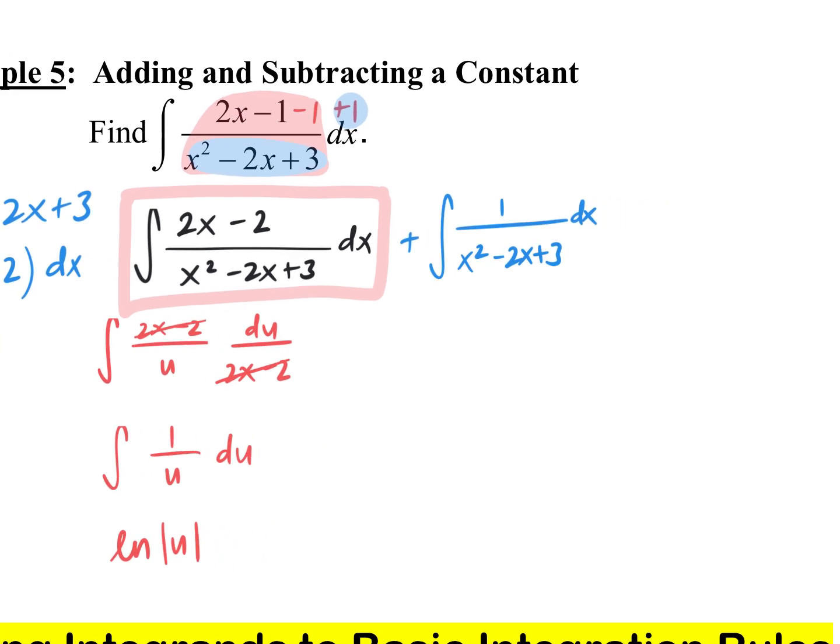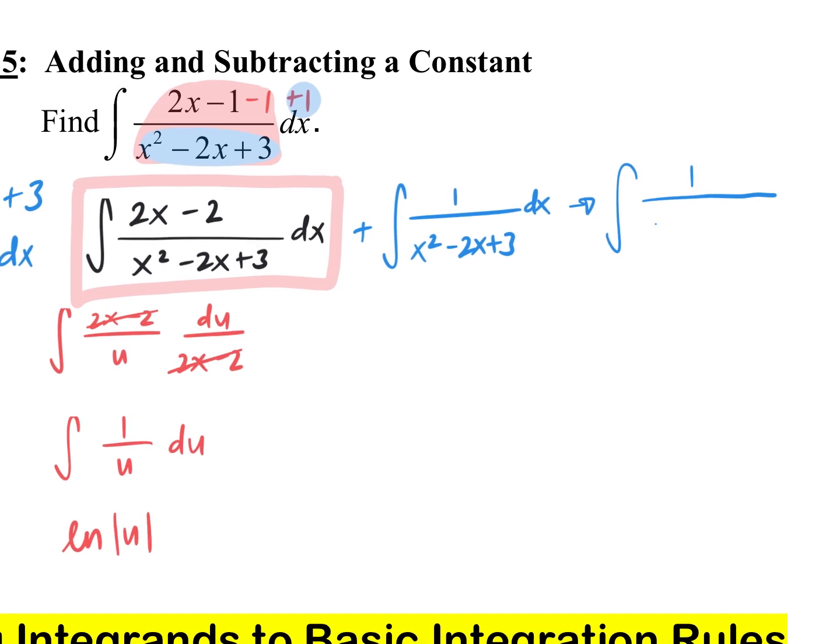So in the denominator, this is going to become 1 divided by x squared minus 2x, and then my b over 2a. What's my b over 2a value going to be squared? 1, right? So I'm going to add 1 to this and subtract 1. And then I've got my plus 3.